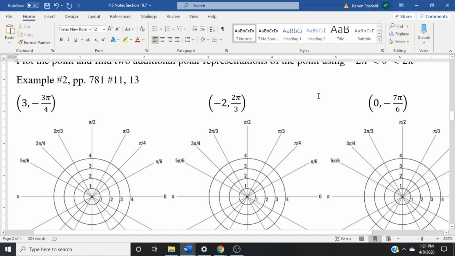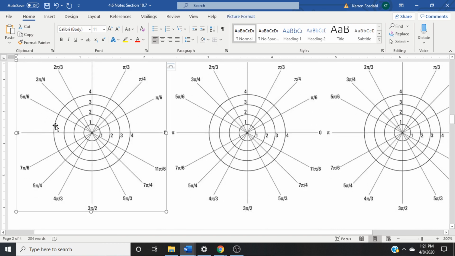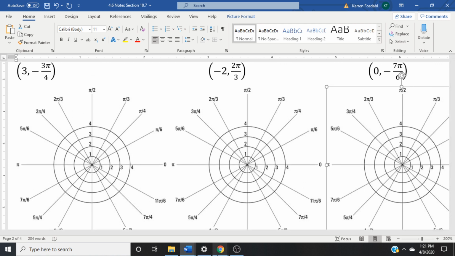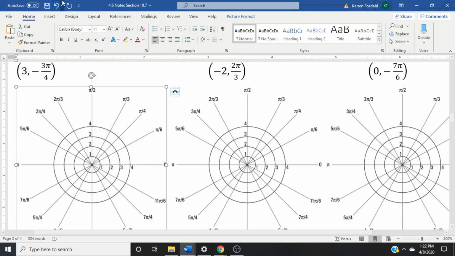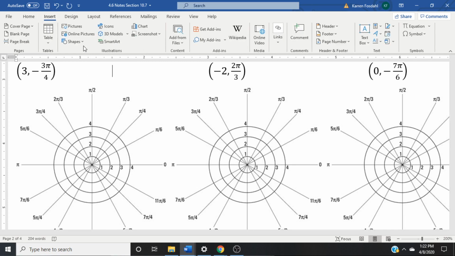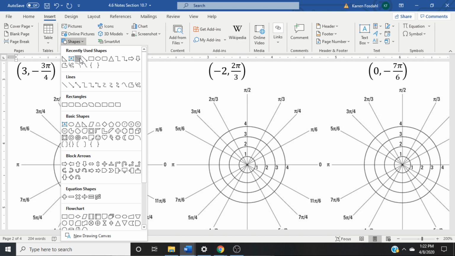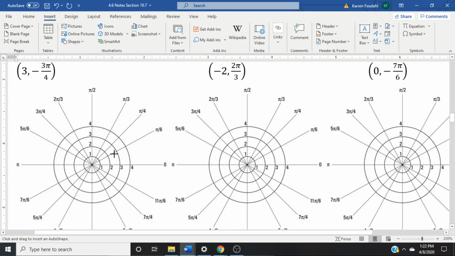If you don't have this kind of graph on your paper, you can just approximate the angle. So it's 3 away.